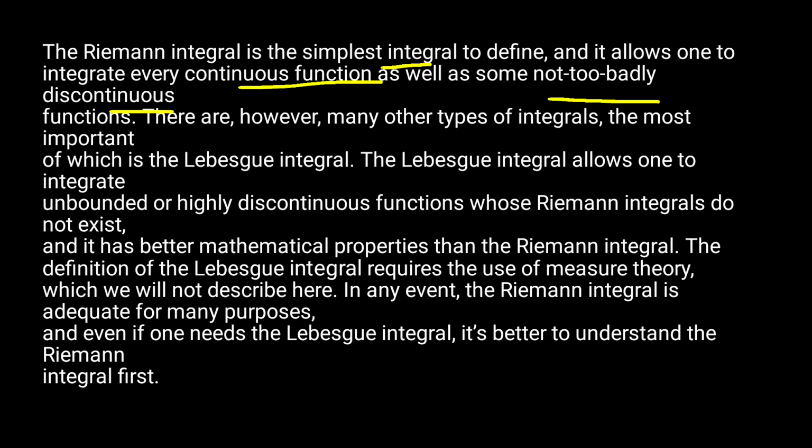There are, however, many other types of integrals, the most important of which is the Lebesgue integral. The Lebesgue integral allows one to integrate unbounded or highly discontinuous functions. So the difference between the Lebesgue integral and the Riemann integral is that the Riemann integral will be able to integrate functions which are continuous and not badly discontinuous.